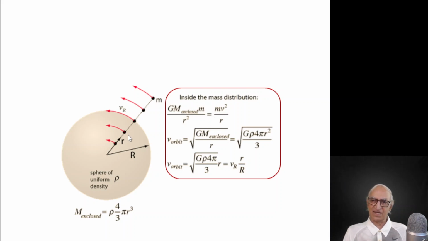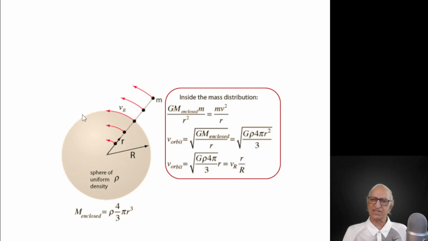Let us consider one of these three black dots interior to the mass. So the gravitational force acting on the black dot is G, the mass enclosed within it, multiplied by the mass of the body, divided by r squared, where M enclosed is the mass interior to that radius.